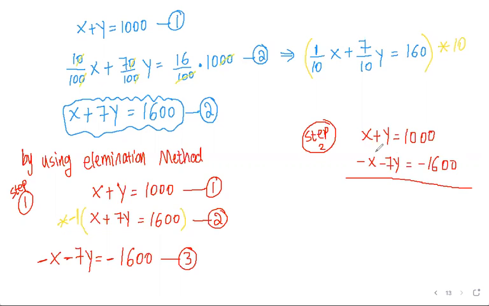So I add them: x with the x, they cancel. I get y minus 7y, which is -6y, equals 1000 minus 1600, which is -600. Divide by -6, and I get y equals 100.